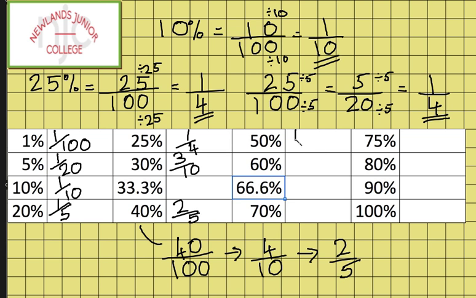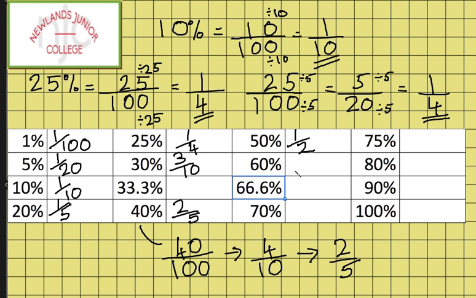50%, well that's probably the most famous fraction, if there is such a thing as a famous fraction, but that's a half. 60%, well 60%, that starts off as 60 over 100.